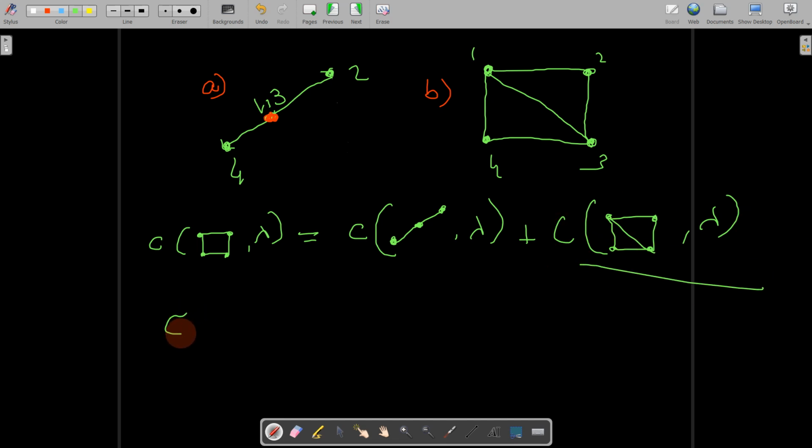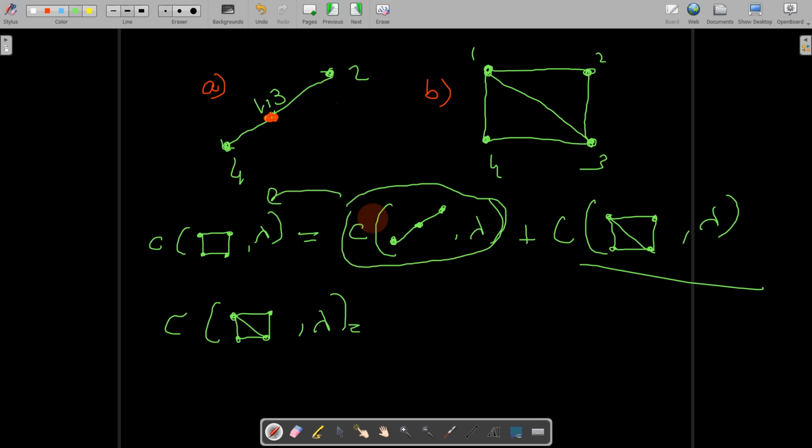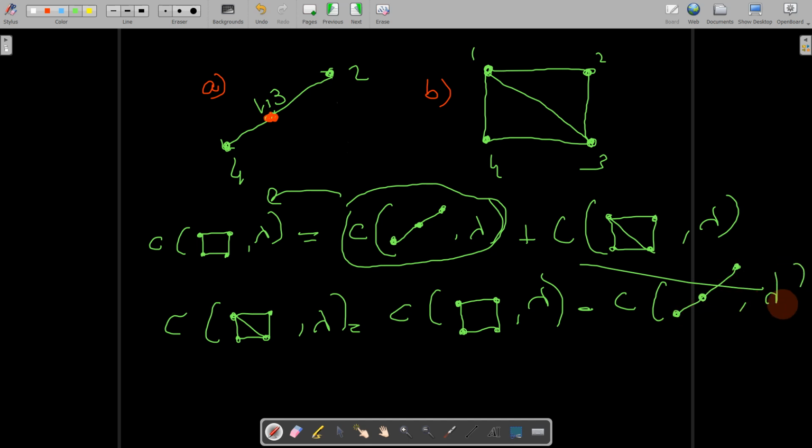If we rearrange, for any graph, bringing this portion of the equation to the left-hand side, what we get is the chromatic polynomial with the diagonal edge removed, minus the chromatic polynomial when these two corners are merged together.